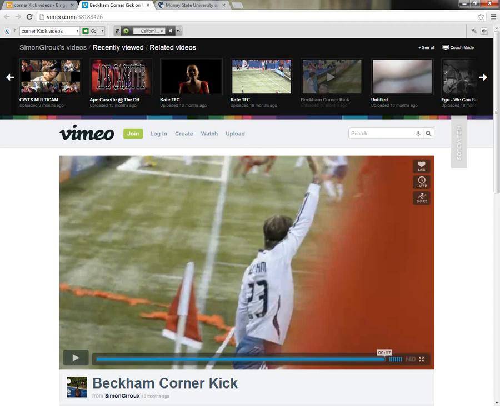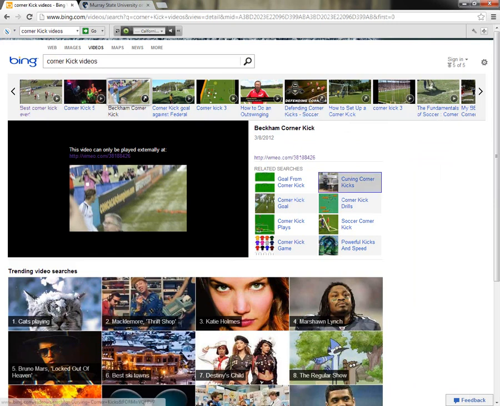I've seen this from a different angle. But anyway, Beckham obviously curves it and goes right into the net, which is an awful lot of fun. You're going to be able to see an awful lot of these things. One more for you that I want to show you, and then I'm going to provide for you another set of videos, some things that I want you to consider, for each for several.